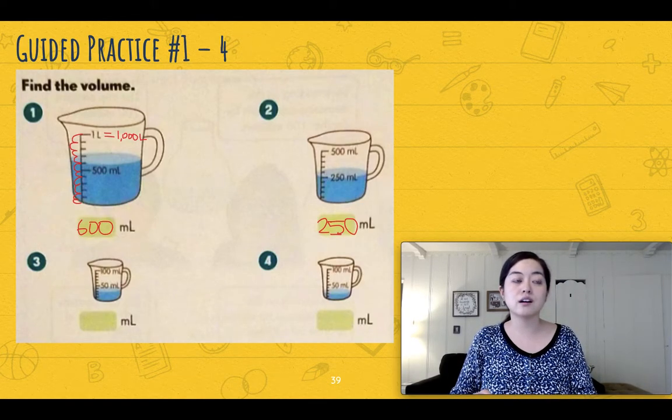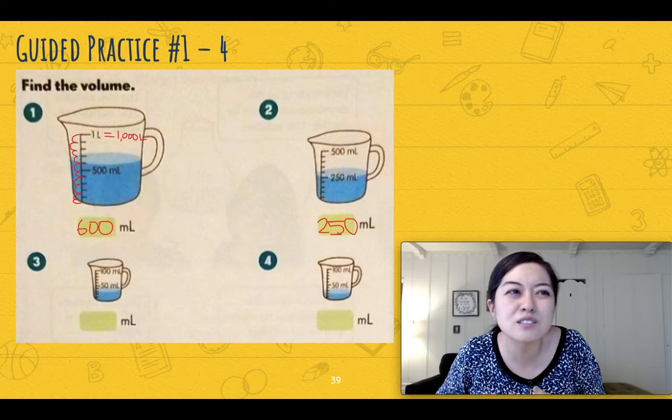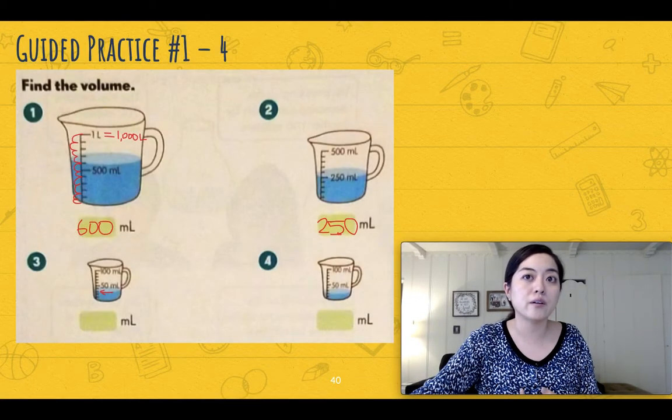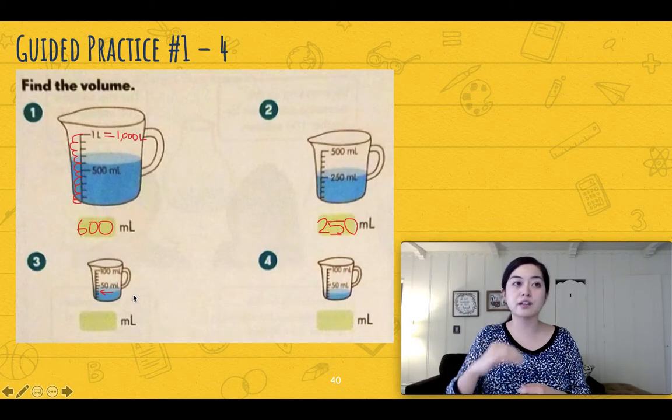Number 3, when I take a look, well, first I have to see, is it hitting 50 milliliters? No, it's less than 50 when I take a look at it. Okay, so the arrow for this one is hitting kind of like at the third tick mark there, or the third marking.